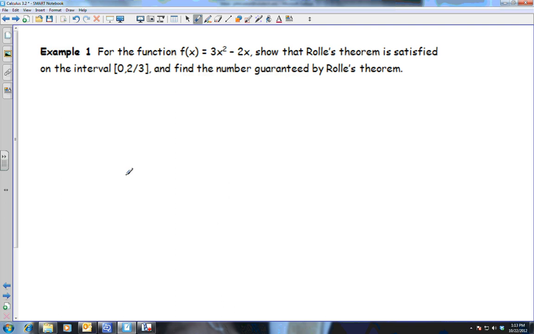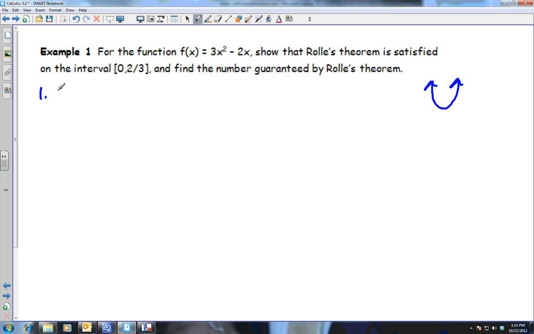So, first thing we have to do is answer those three questions. So, is 3x squared minus 2x continuous on this interval? Well, I don't even know what this looks like, but I do know that it's an x squared. X squared is always a parabola. So I know that all parabolas are continuous.